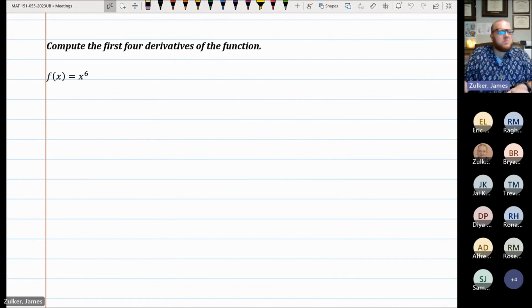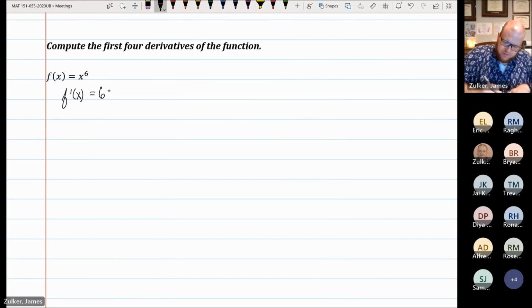And so for the final two problems, it wants us to compute the first four derivatives. So f prime. Power rule, 6x to the fifth. F double prime would be 6 times now the derivative of x to the fifth, all right?